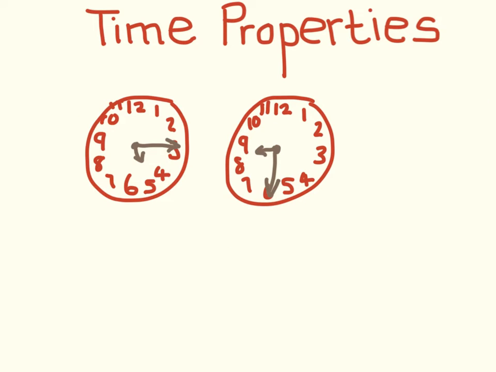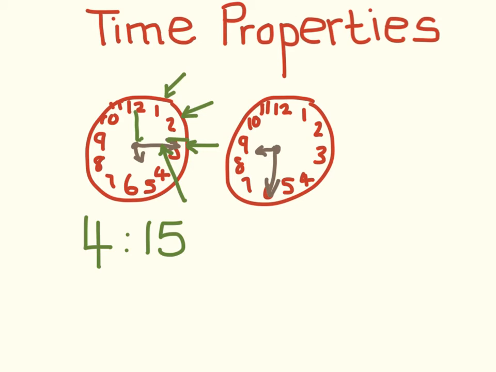On these 2 clocks above, you will see that the minute hand, this longer one, is at the 3, as each digit is worth 5 minutes, or even if you split it into the quarters, you would know that that is 1/4 past, so that's 15 minutes past the hour of 4.